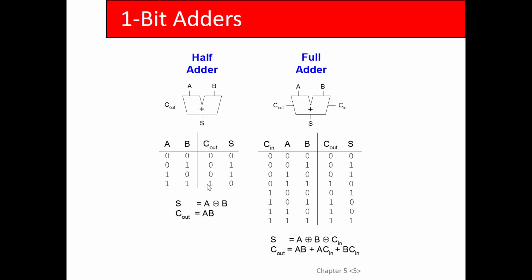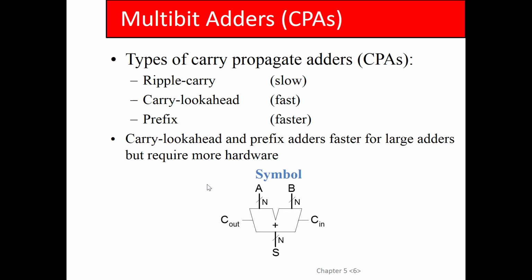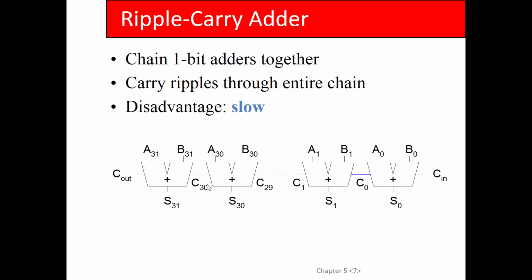Okay, so in 211 you probably covered the ripple carry adder. The most natural way to create a multi-bit adder is to take full adders and chain them together, where each adder's carry out feeds into the next adder's carry in, right? That's a ripple carry adder. The problem with that is the propagation delay.